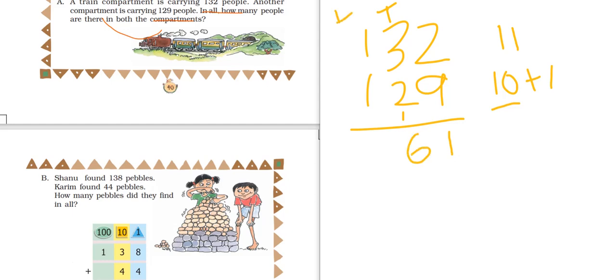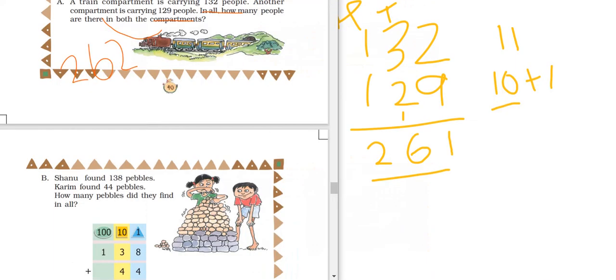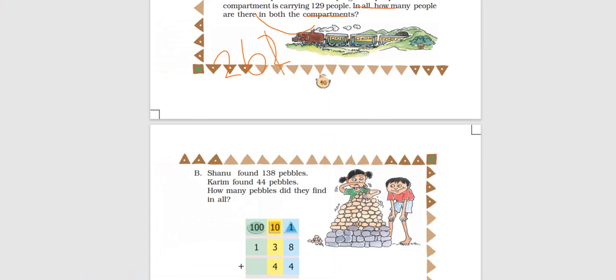Now let's add up the hundreds column. You have 1 plus 1, 200. So you have a total of 262 passengers in this train. 261, right? 261 passengers in this train.